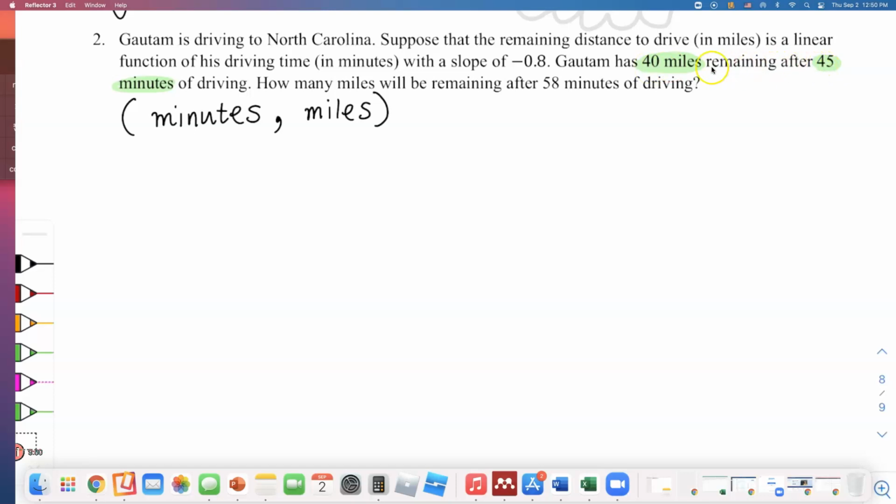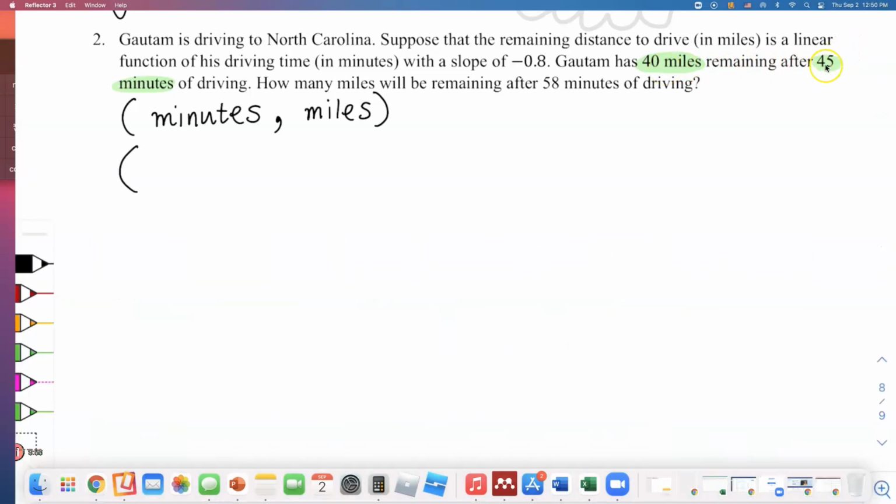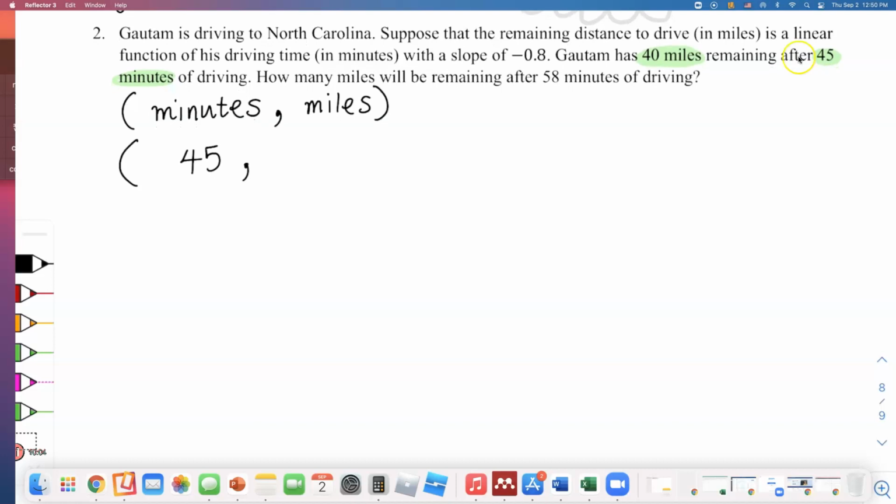But if you're not being careful, we can switch the x and y. So look, how many minutes has he been driving? He's been driving for 45 minutes. So 45 is actually the x value, the input value. And the output is that he has 40 miles remaining. So my x sub 1 is 45 and my y sub 1 is 40.